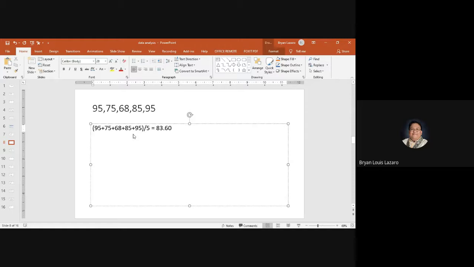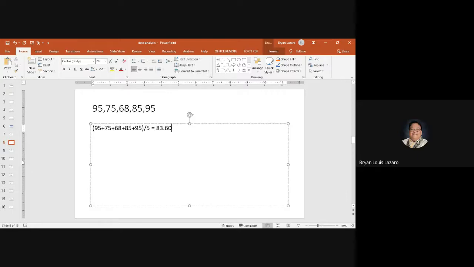Kapag kailangan i-round off, kasi in our case, kapag dinivide nyo siya sa 5, 83.6 lang siya. Pero kung halimbawa 83.698 siya, gawin nyo siya 83.70, kasi 2 decimal places. Okay ba? Okay po, sir.